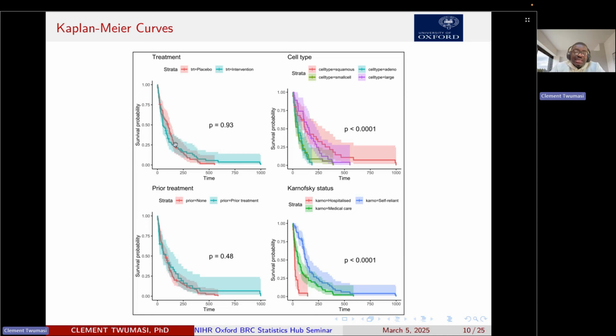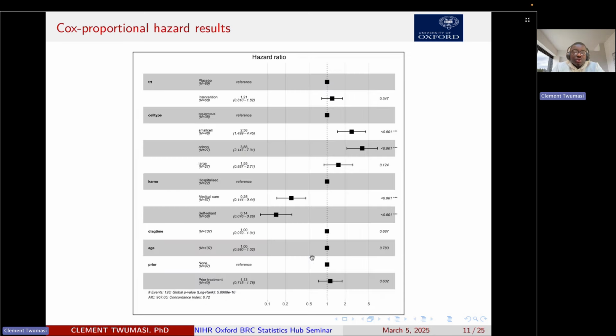One thing you should notice is that anytime the curves intersect, it will indicate no significant difference. As you can see, anytime the p-value was insignificant for the log rank test, it was mostly because the survival curves intersected at a point. So that's something I want you to note.